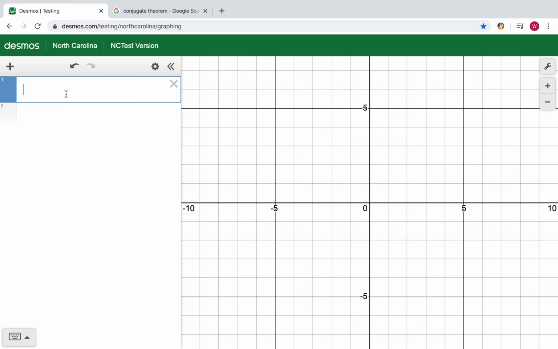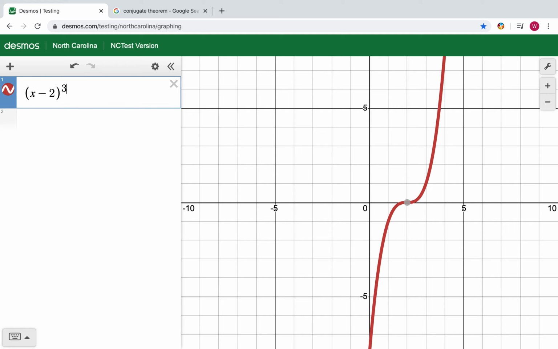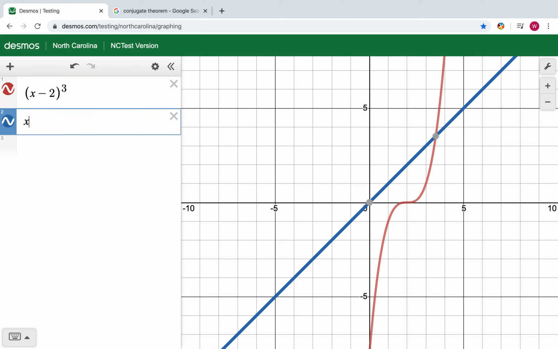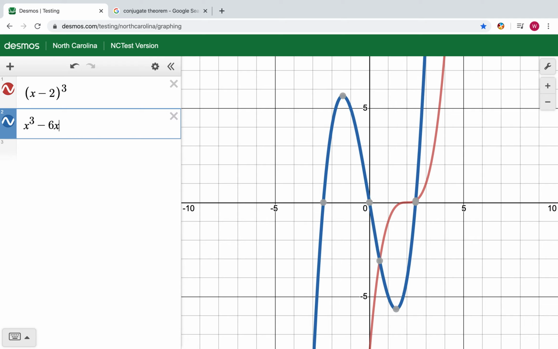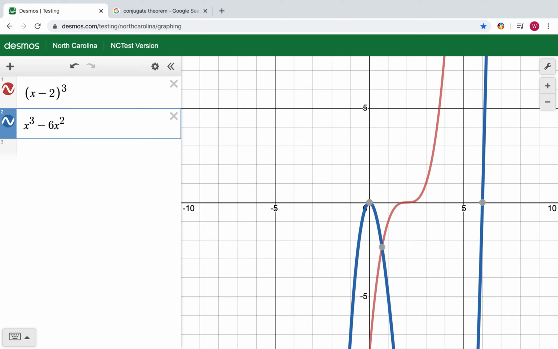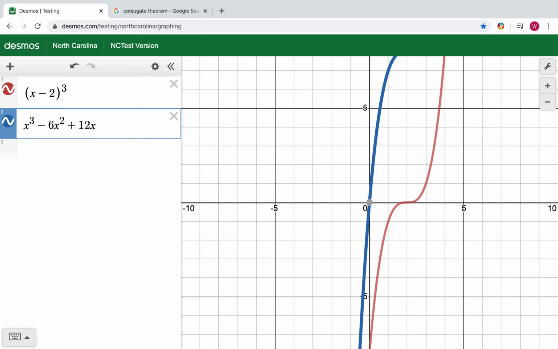Okay, so x minus 2, this is what I have. This is what I want to test to see if they are equivalent. If they overlap, then they're equivalent.